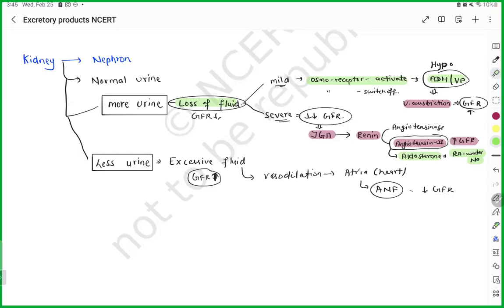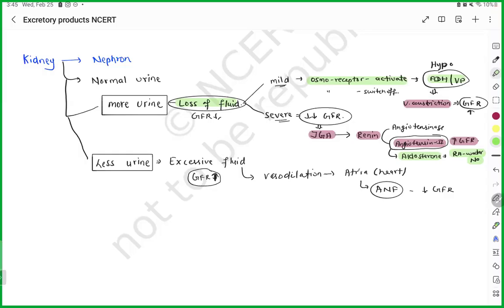First, if we are producing more urine, we are losing more water. If the condition is mild, then brain will produce ADH. ADH will cause vasoconstriction and increase GFR and save water.